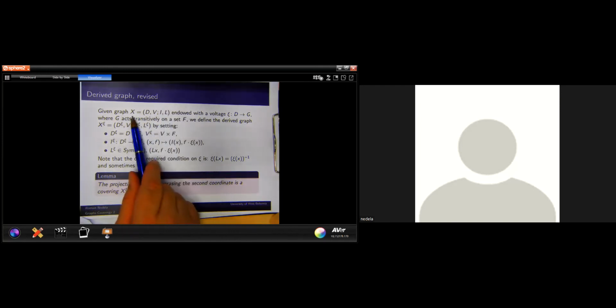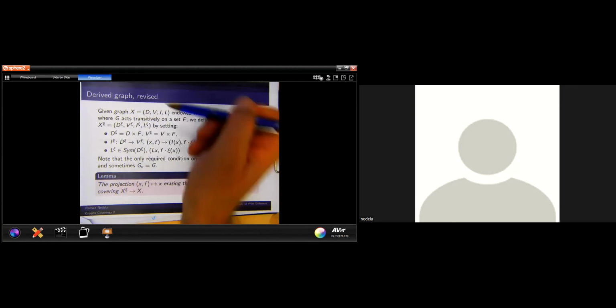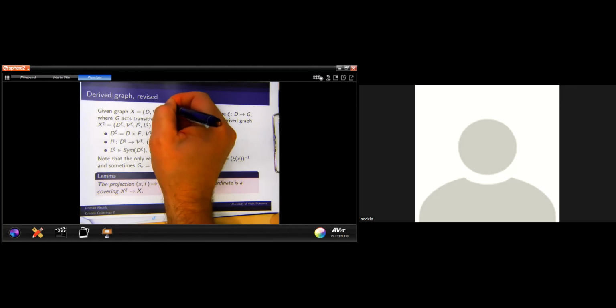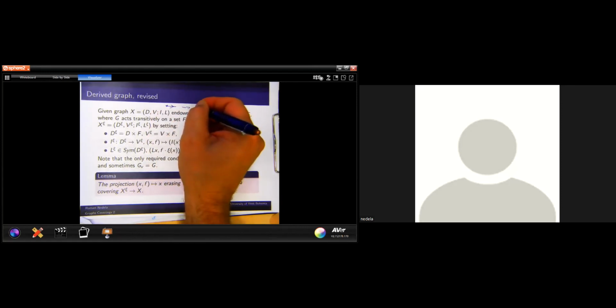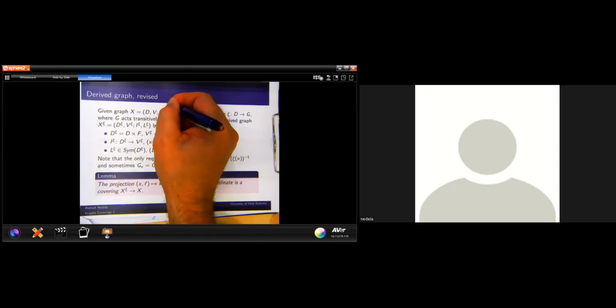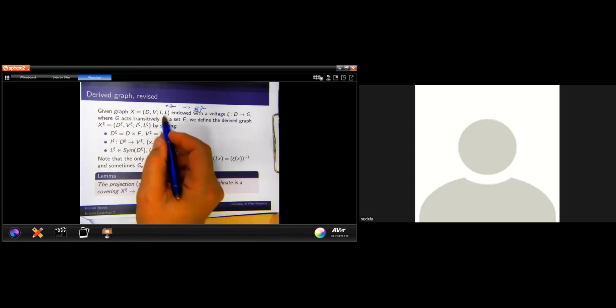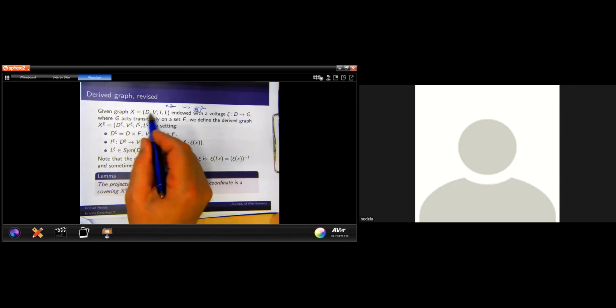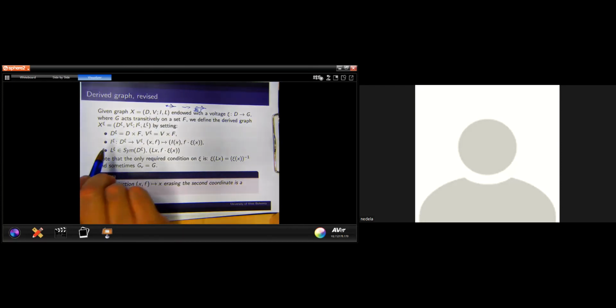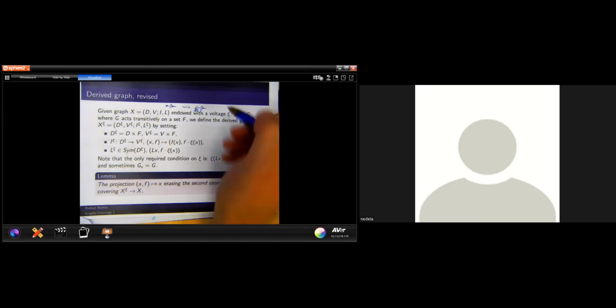So suppose we have a graph. Let me recall that this is the set of darts. This is the set of vertices. This is the incidence function associating a vertex to a dart, so this is I of X. Of course, we assume that these sets have empty intersection, and L is the dart reversing involution.